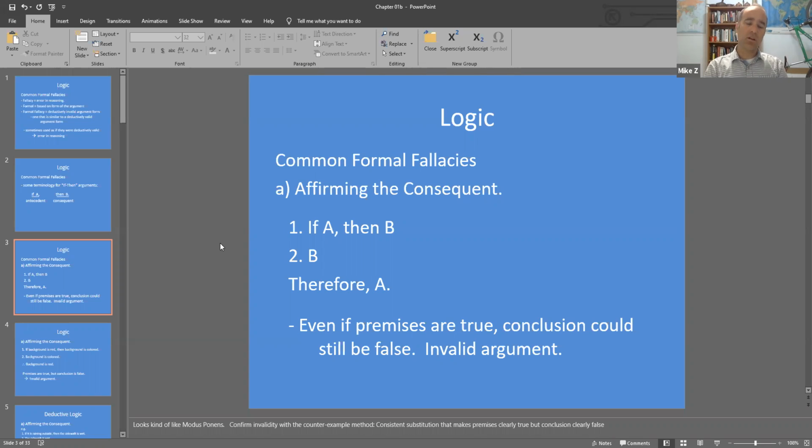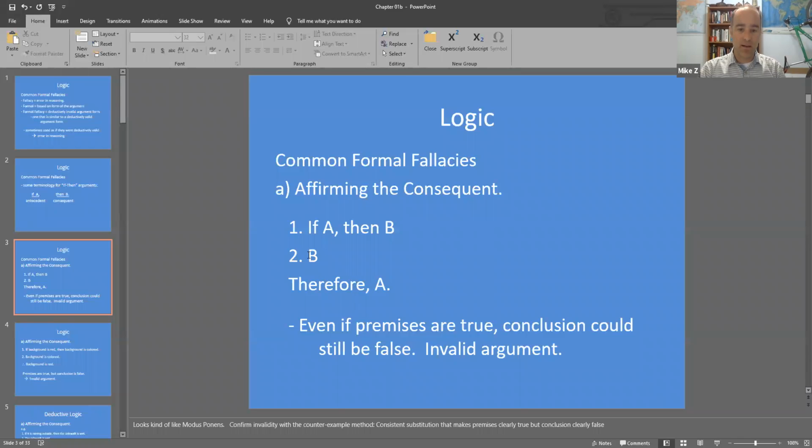And so this looks a lot like modus ponens. If you look back to the previous lecture, modus ponens looks a lot like this. However, in the real modus ponens, the second premise says that A is true. It affirms the antecedent and then concludes that the consequent must be true. And so this formal fallacy has that reversed.